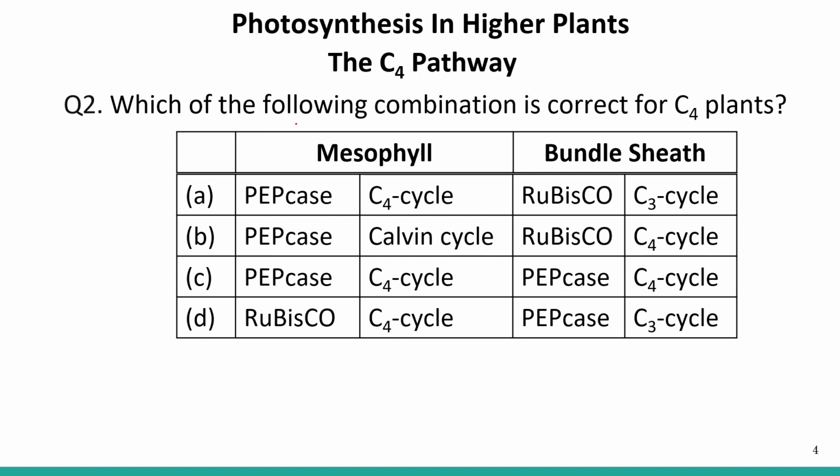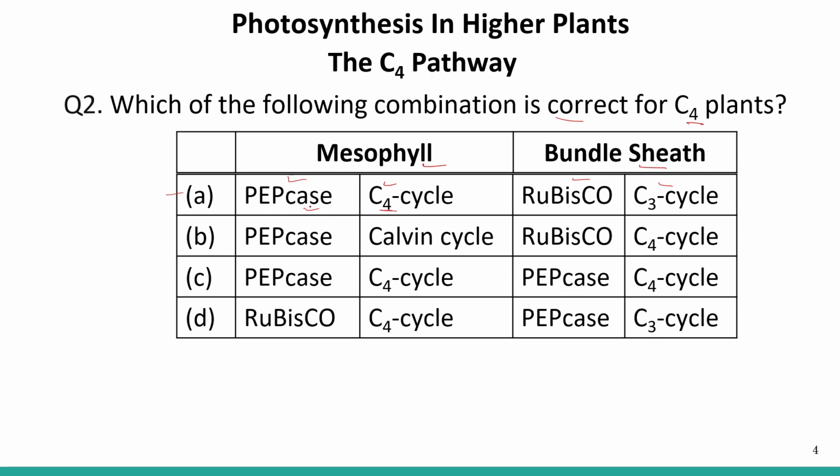The next question is, which of the following combinations is correct for C4 plants? This is the table here. Here they have shown what is happening in the mesophyll cells, and here what is happening in the bundle sheath cells, which cycle and which enzyme is responsible. The first option is PEP carboxylase related to the C4 cycle.